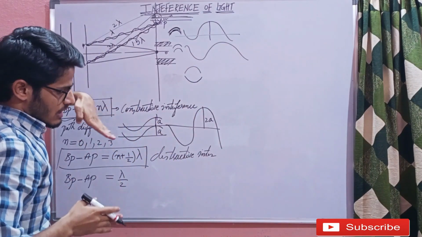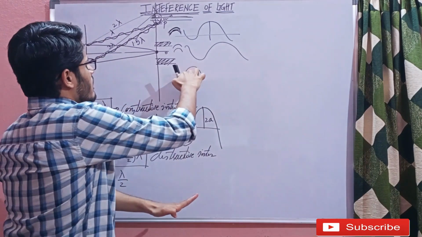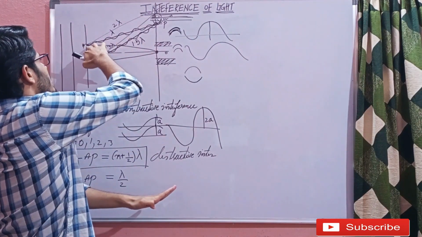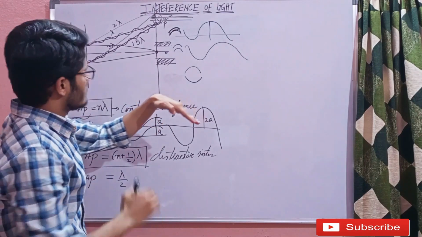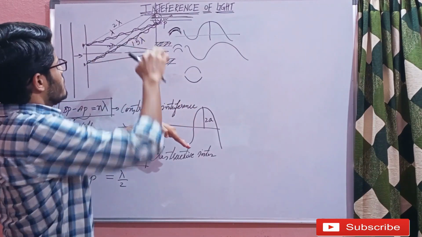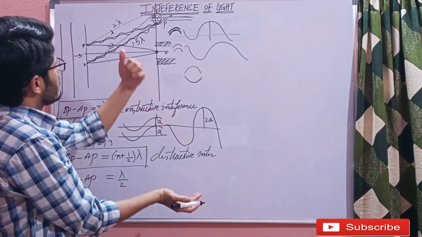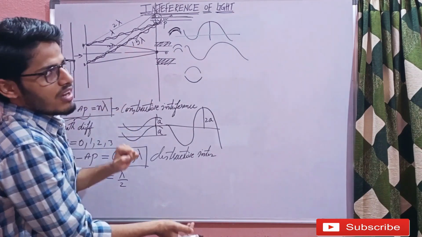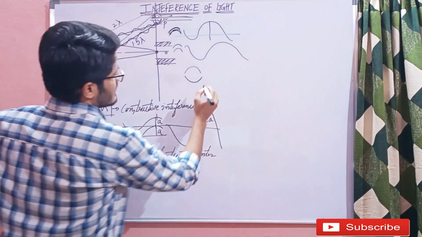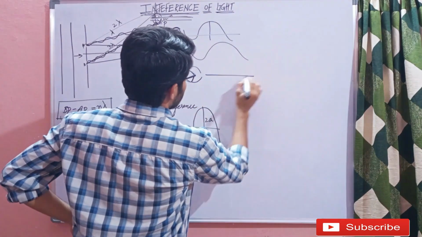The wave will be moving down, and the ray which came from A is moving upward, and the ray which is coming from B is downward. Why? Because the path difference is 0.5, meaning lambda by 2. So that's why the final will be nil.